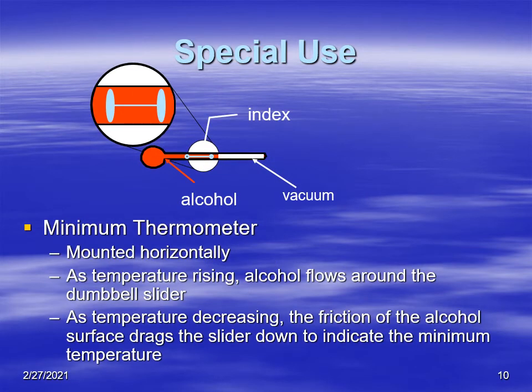The minimum thermometer uses kind of a similar concept. Instead of a restriction in the capillary, instead it has a little index that moves back and forth with the thermometric fluid. Typically, in this case, this is alcohol. The little slider looks like a dumbbell. And what happens is as the temperature drops, the slider drops with the alcohol.